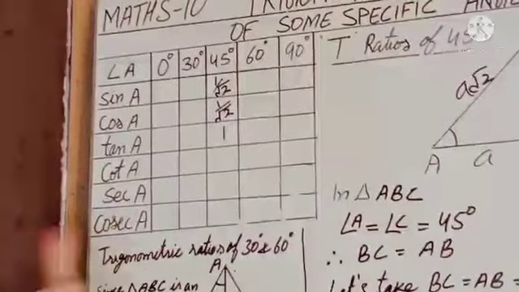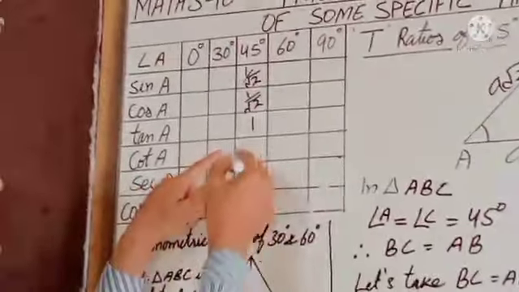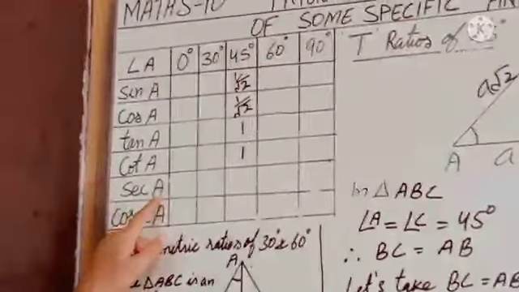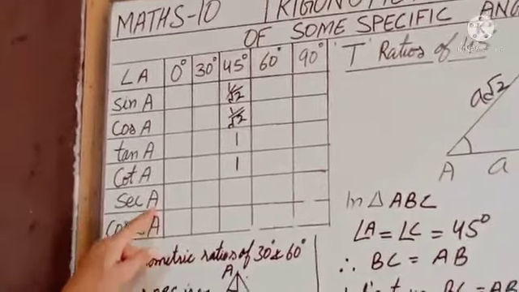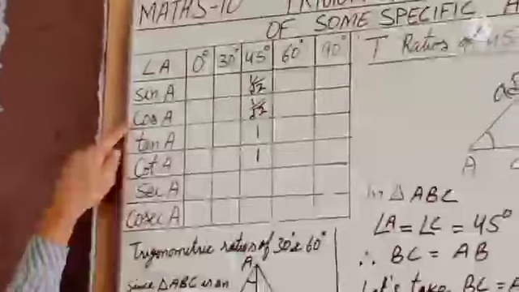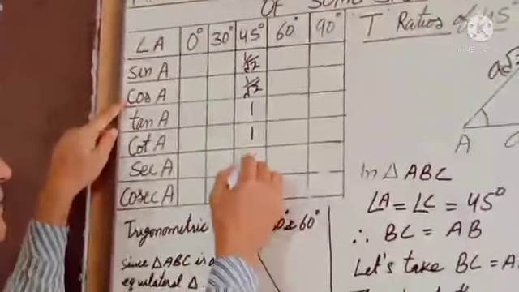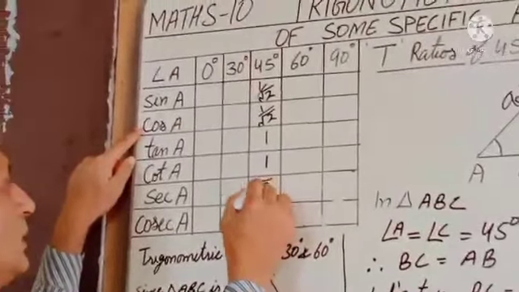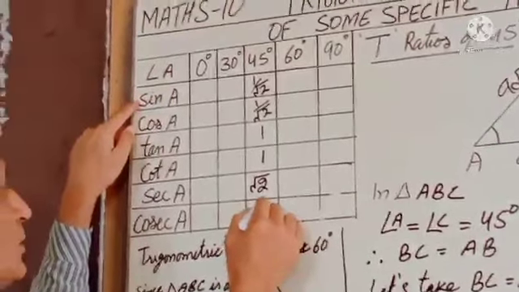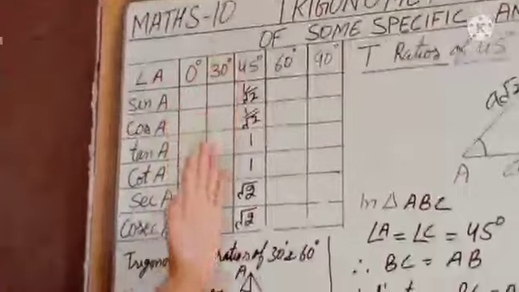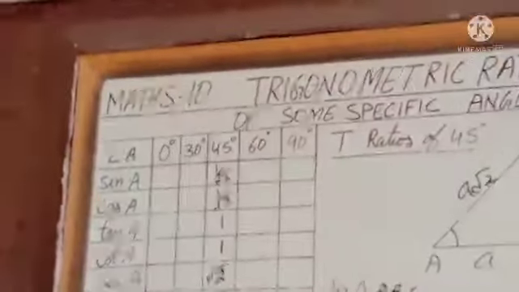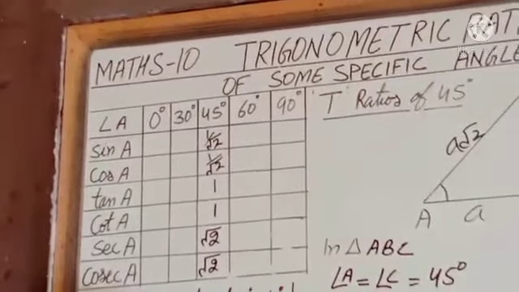It is the inverse of tan. So again, it gives you 1. When we talk about sec 45, it is the inverse of cos. So it will give you root 2, and cosec also happens to be root 2. We have now all the 6 trigonometric ratios which are called specific.